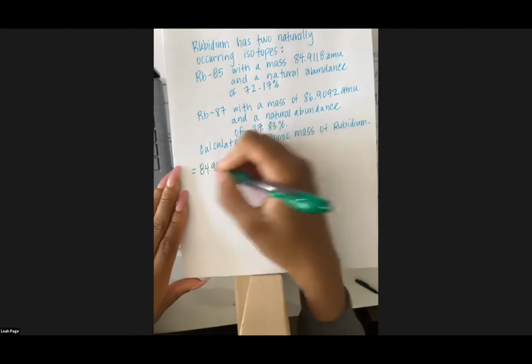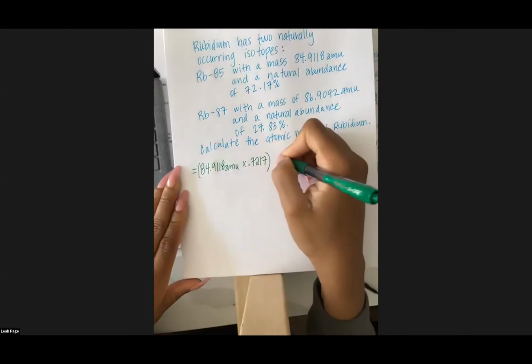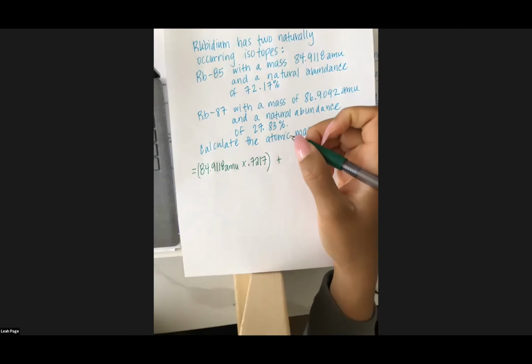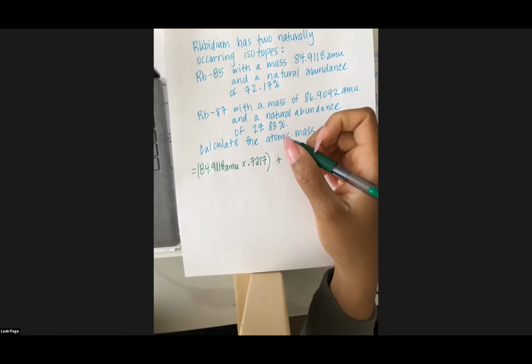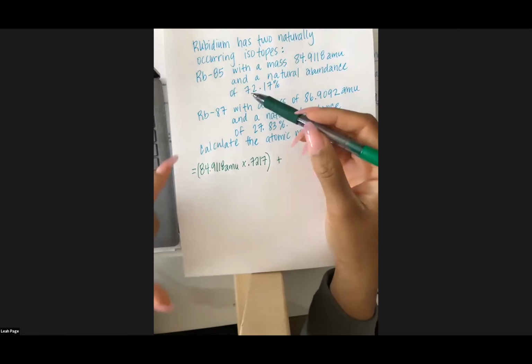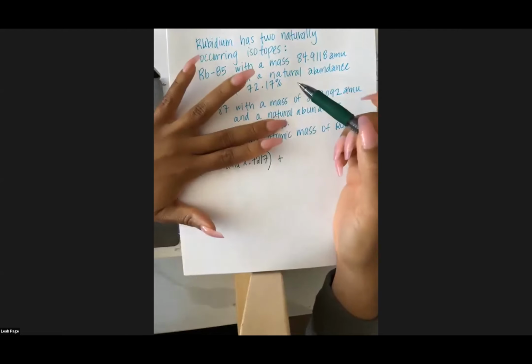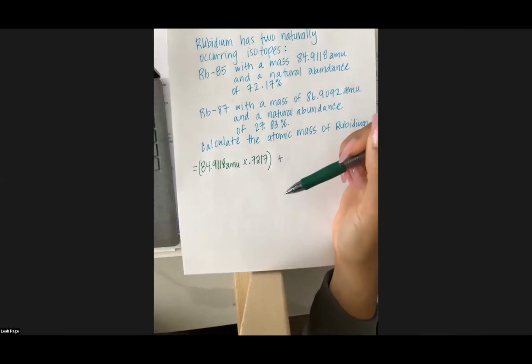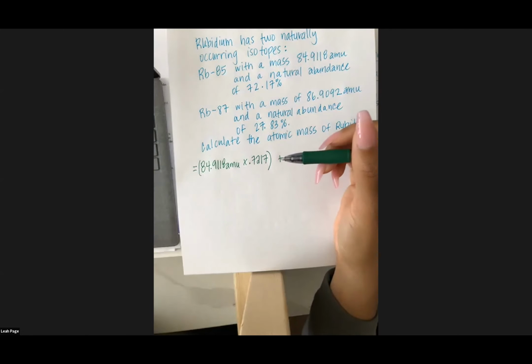And just to clarify, those natural abundance percentages will be given to us. The only time it's not given is if it gave me one of them and I had to figure out the other one. You just have to remember it's supposed to add up to 100%, so you subtract from 100 to get the other one.